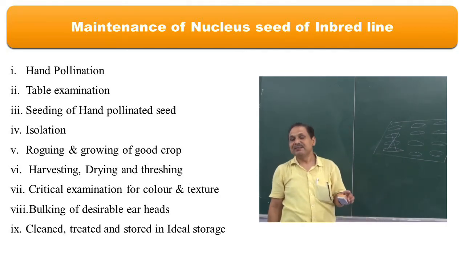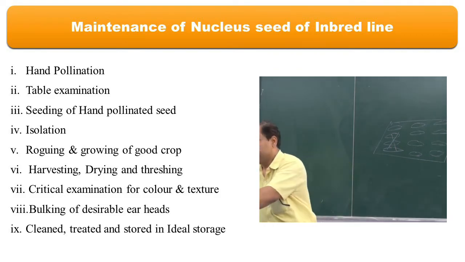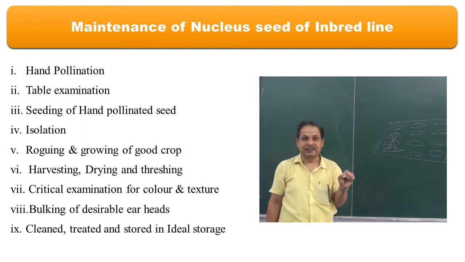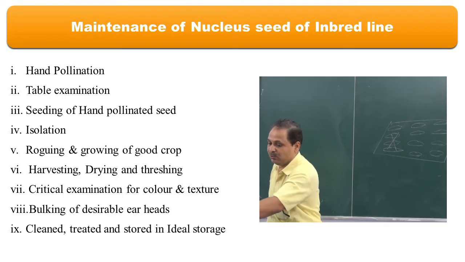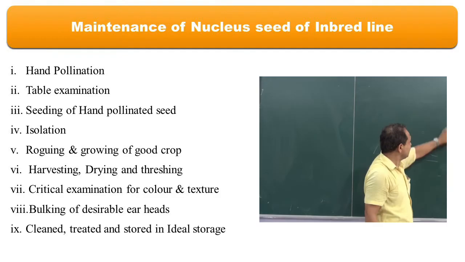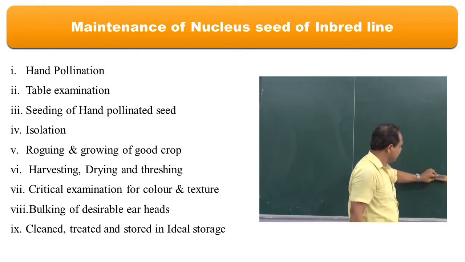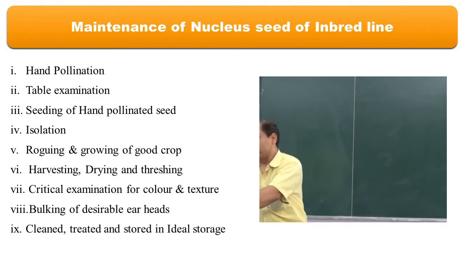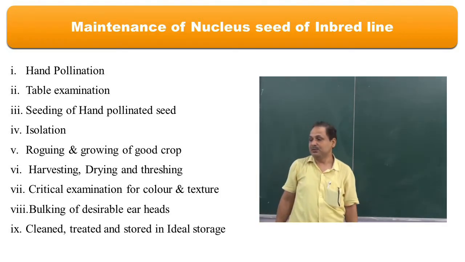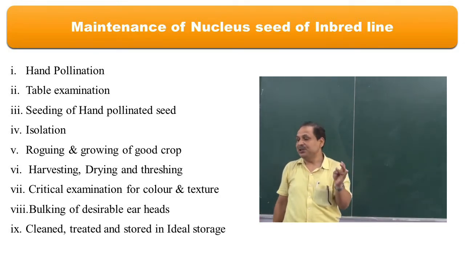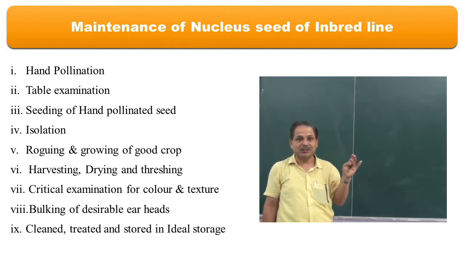After this table examination, the seeds go for sowing in the nucleus nursery. We must consider the critical requirements of this nucleus nursery: the preceding crop requirement, isolation, and roguing are also very essential.